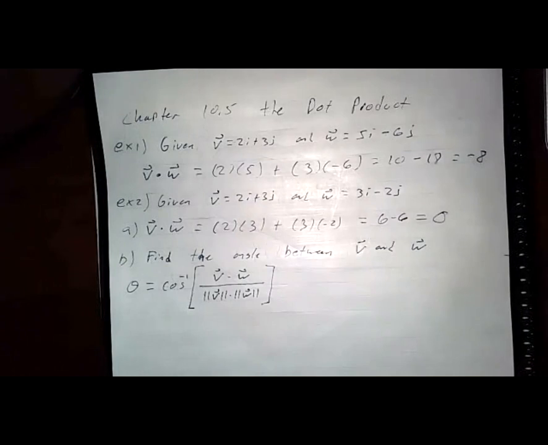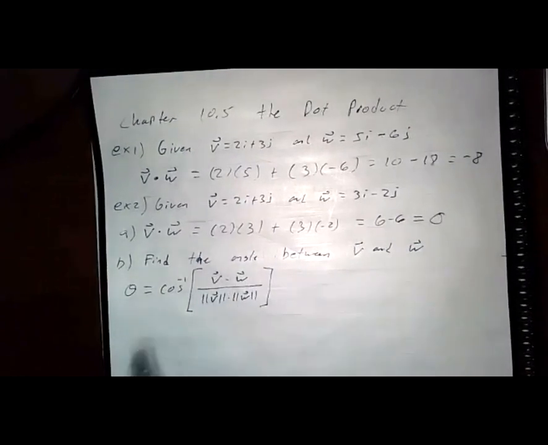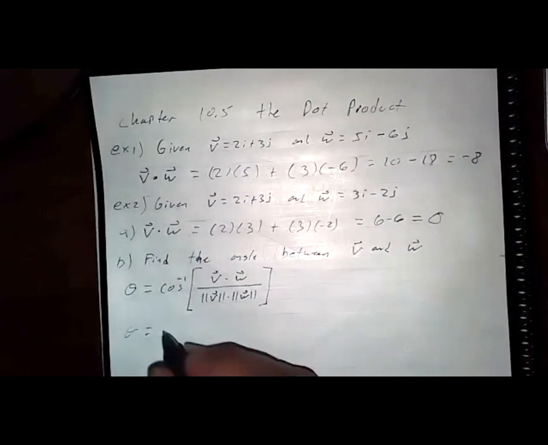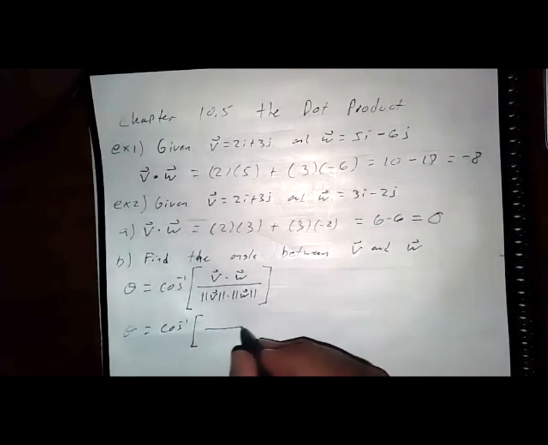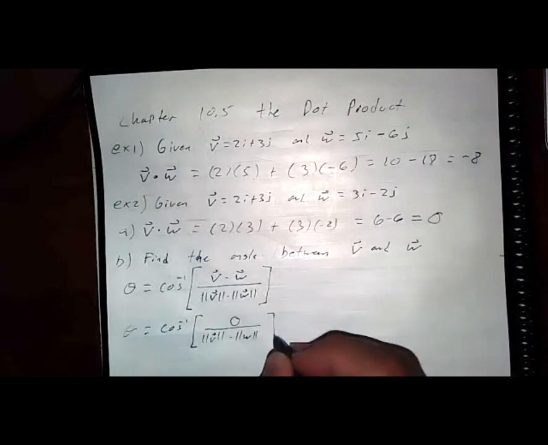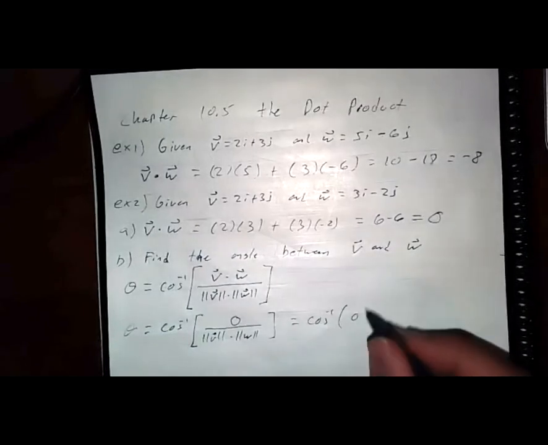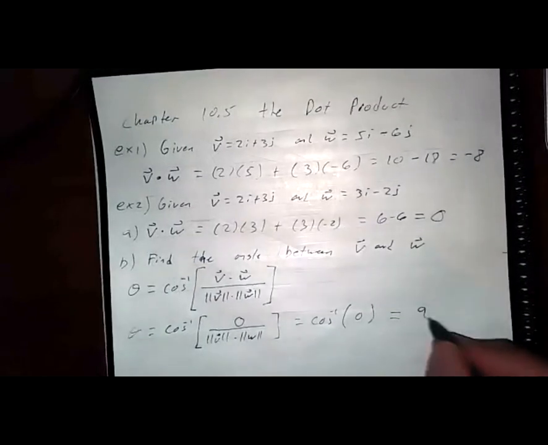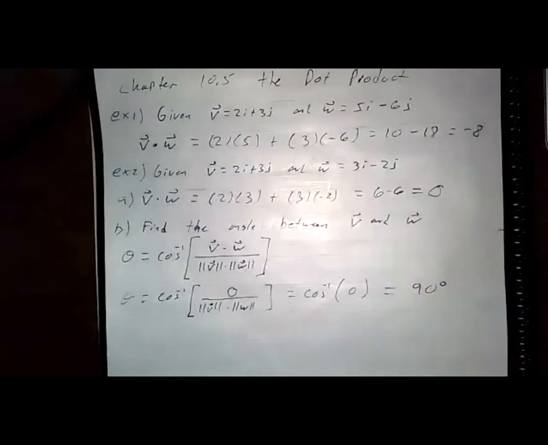But notice how we don't need the magnitudes because this is going to be 0 on top. So it'd be cosine inverse of 0 over the magnitudes, but you see how this is still 0. So who cares? Let's not do extra work. So this gives me 90 degrees, which we already knew. We knew that these two vectors are orthogonal.